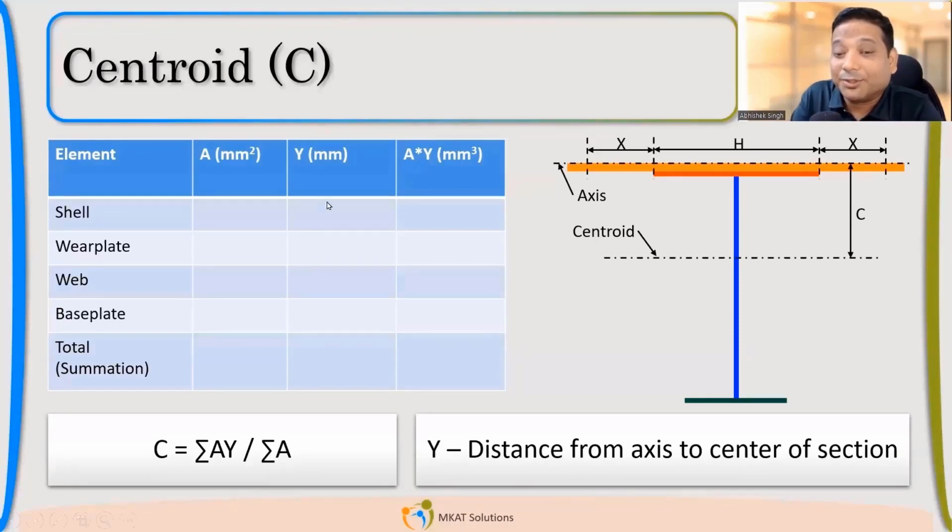Okay. Great. So if you have to calculate this centroid, first what we'll do? Calculate the area of the first item, y. Y is nothing but the distance. Then you multiply that, A into y. For the second item, again, you will do A into y. So you do it with all the areas, and then you just add all the Ay and divide by the A. So summation of Ay divided by summation of A, that is your centroid.